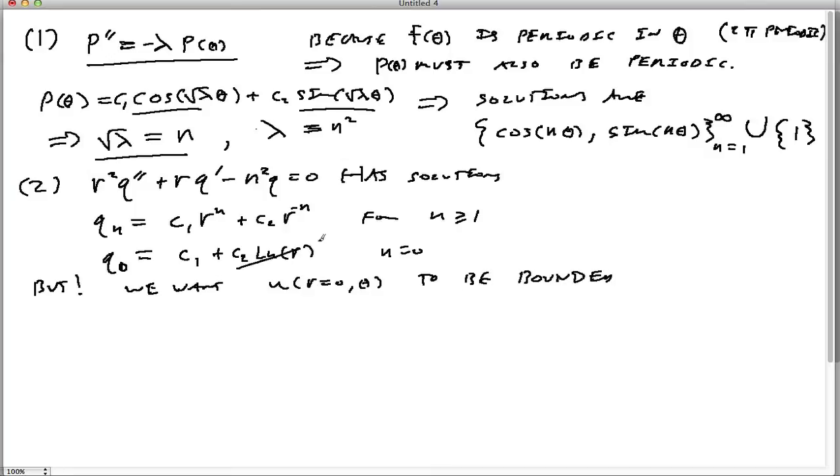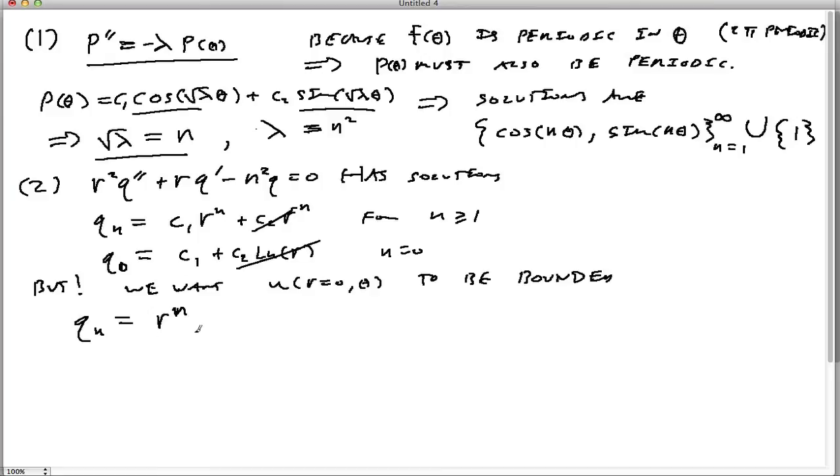So we can't have any natural log solutions, and we can't have any inverse powers. So what we're left with then is simply Qn is equal to Rn, and then we also have constants.